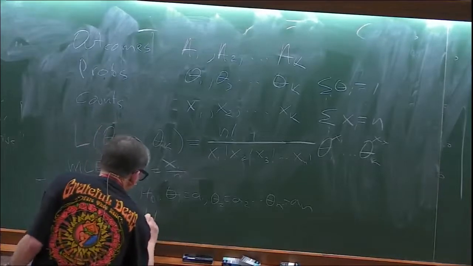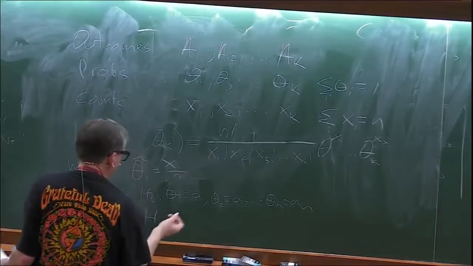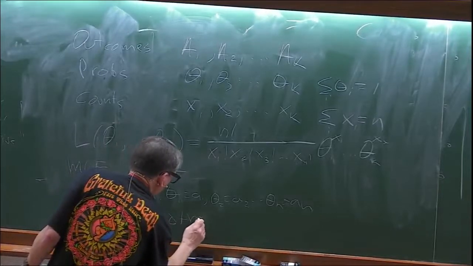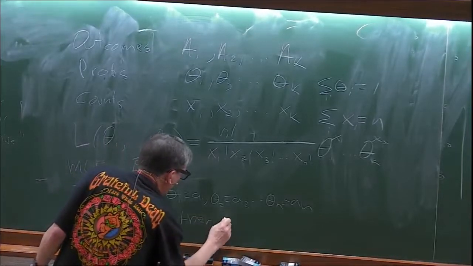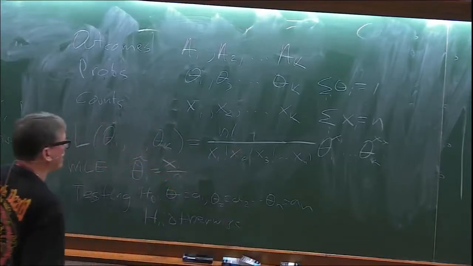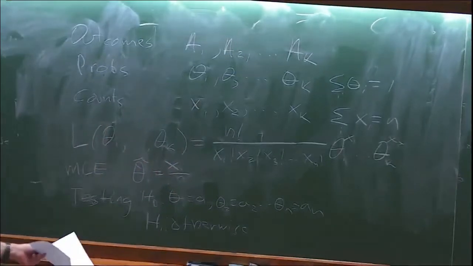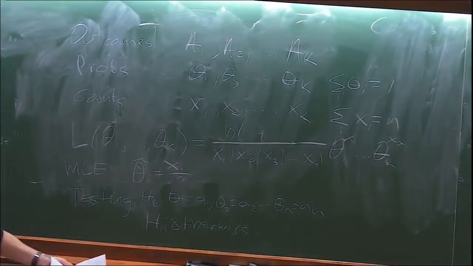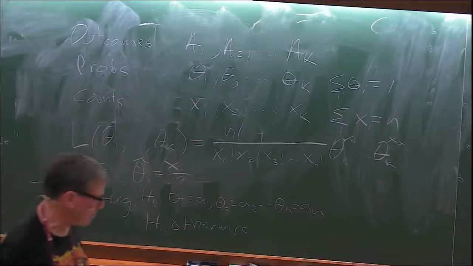And now we come to this key point that I've been making. H1 is otherwise. So we've set up this apparatus where we can test a whole bunch of things simultaneously, every cell in the table.